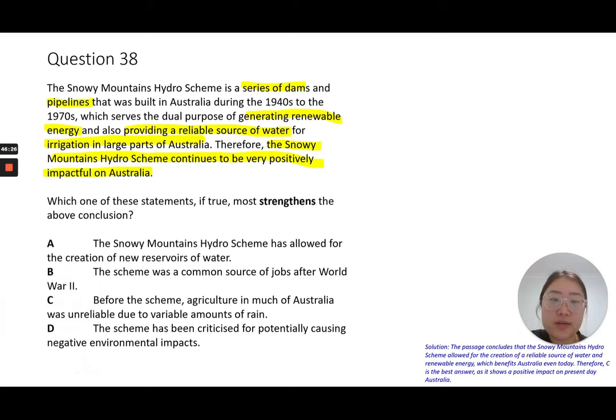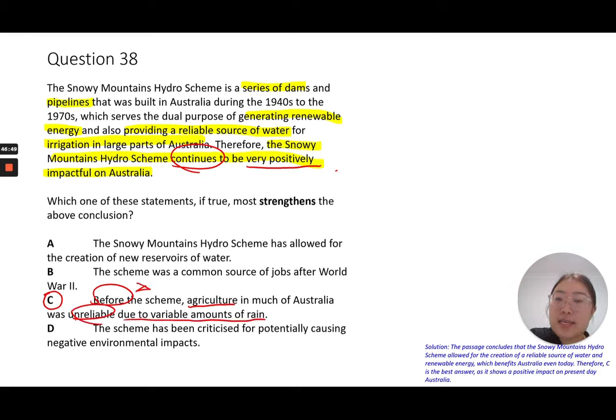So what would strengthen it? Option C. It continues to be very positive, so we need it to not have been positive before, or it was not very good before this scheme was invented. So before the scheme, agriculture in much of Australia was unreliable due to the variable amounts of rain.